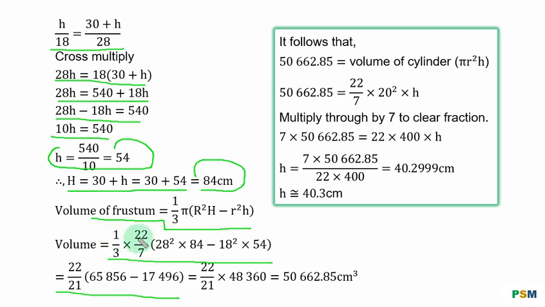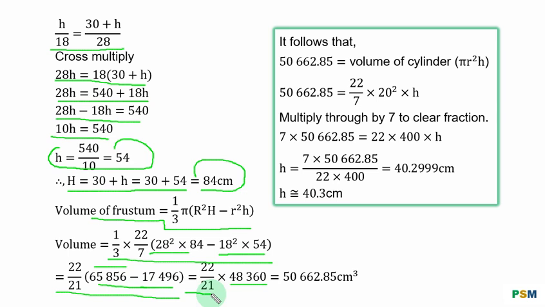1 times 22, 22 over 3 times 7, 21. 28 square times 84. You have this result. 18 square times 54. You have this result. Again, when you subtract here, you have this result times this fraction.